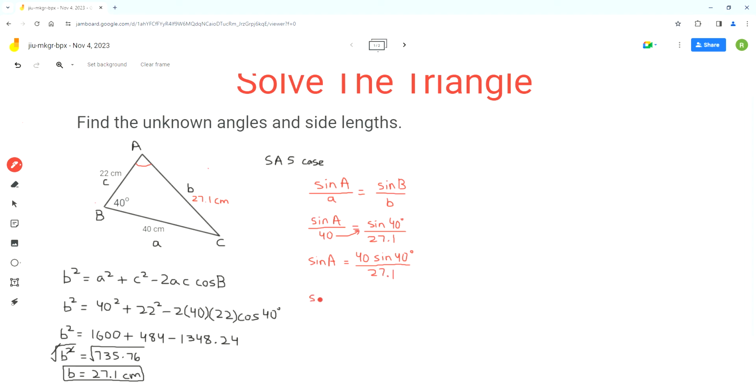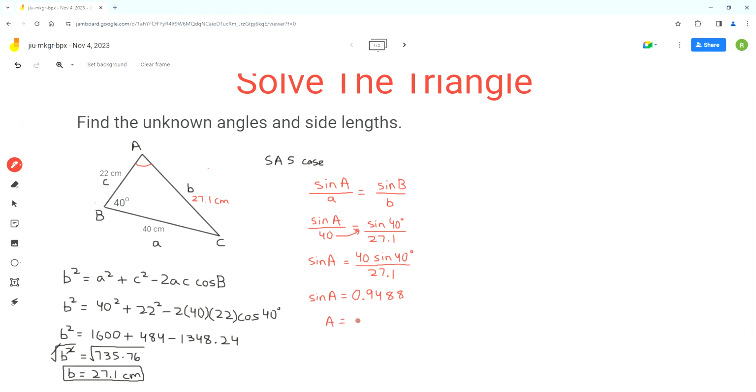Now we can evaluate this expression in the calculator. So I got 0.9488. So I'm rounding the answer to 4 decimal places so that I get the exact answer for the angle. Now we have to isolate angle A by doing the inverse of sine.